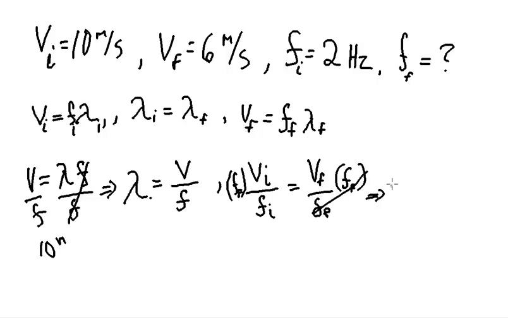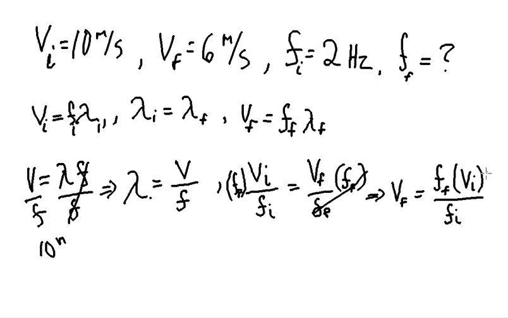Alright, so what we get here is that the final velocity equals the final frequency multiplied by the initial velocity, all divided by the initial frequency.